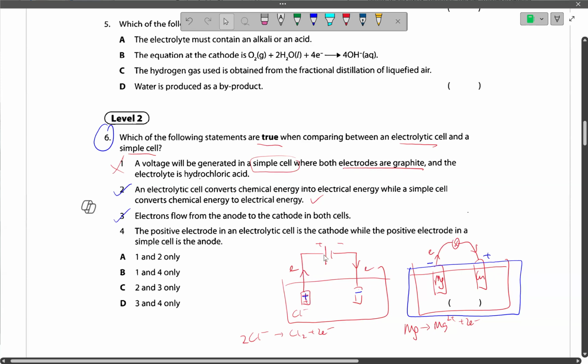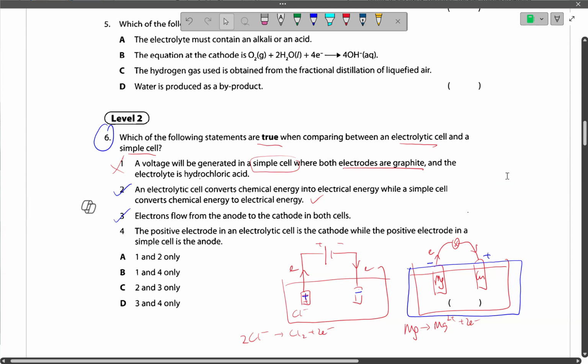But down here in a chemical cell, there's no battery. This being more reactive metal will produce a negative pole here, negative electrode here. So the only difference between electrolytic and chemical is that the positive and negative are opposite. One is actually using the battery to drive the electron. The other one is using the two different reactivity of metals to drive the electron.